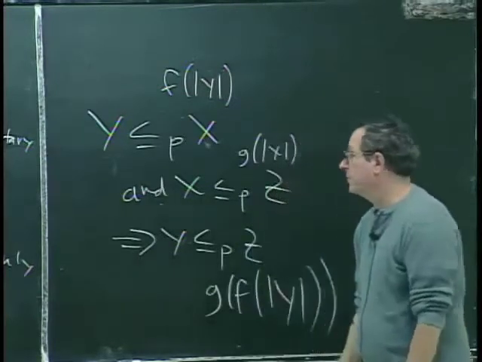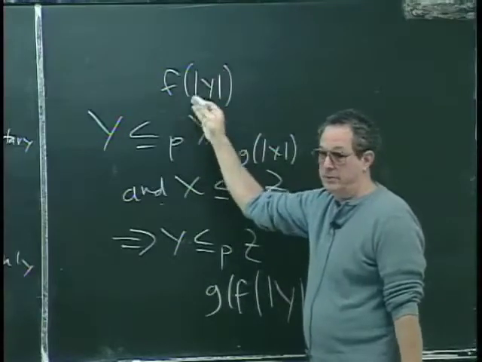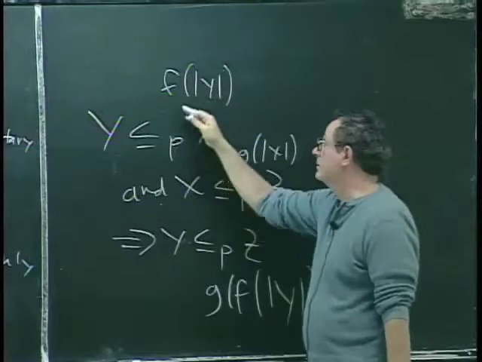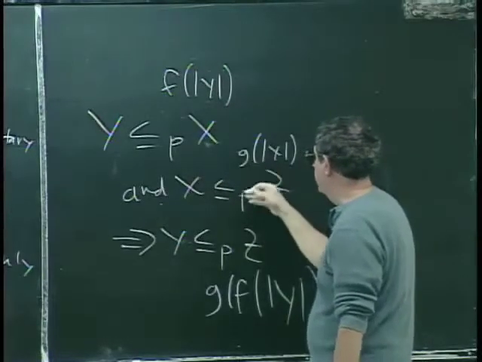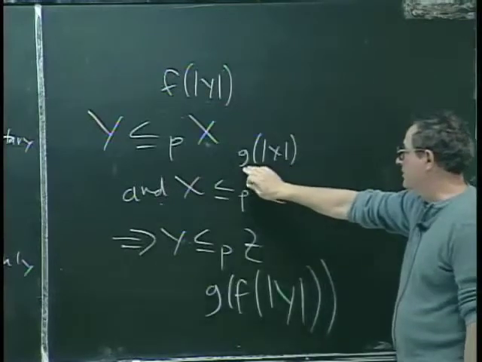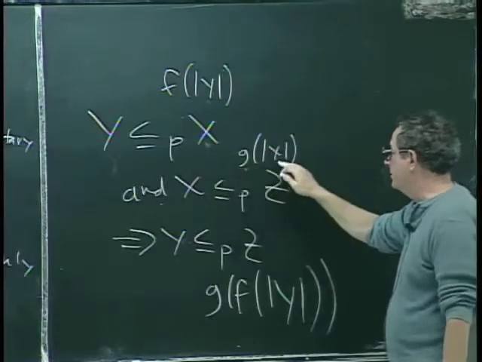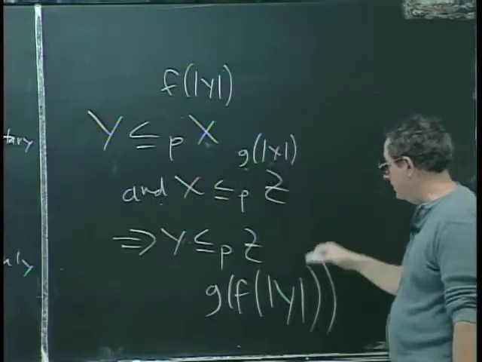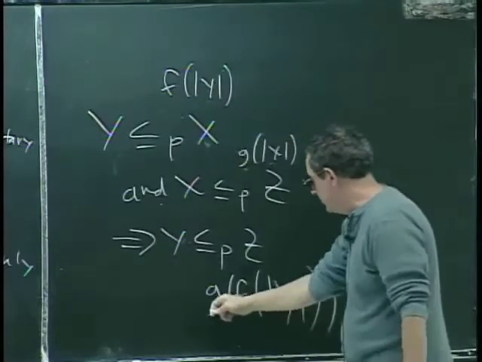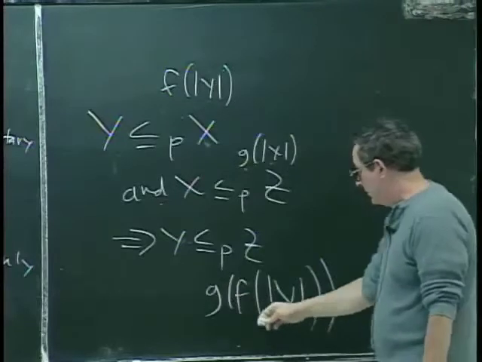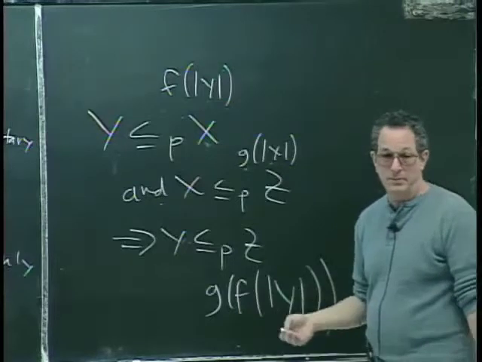So f is the polynomial that operates on y, and therefore the input size that's created is no bigger than that. And then this reduction's time is bounded by a polynomial g, and the input size that is given to it, the size of x, is at most f of y, and so therefore the whole time for this reduction is g of f of y. So this is a polynomial of a polynomial.